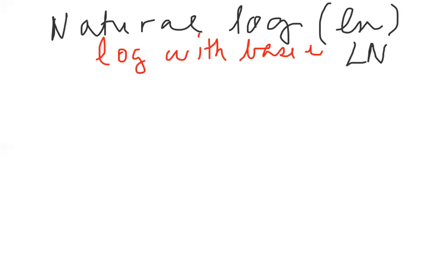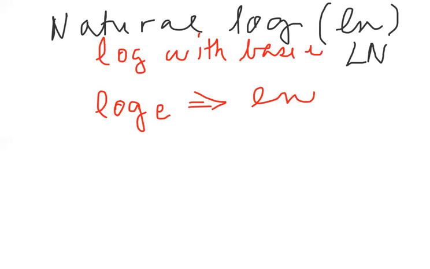Remember earlier we looked at the e value, guys. When we look at anything involving the e value, we're looking at things that are naturally occurring, exponential growth, exponential decay, which we'll cover later on, okay? So here, rather than writing the log with base e, we convert this to natural log. You have to understand the natural log is simply log with base e.